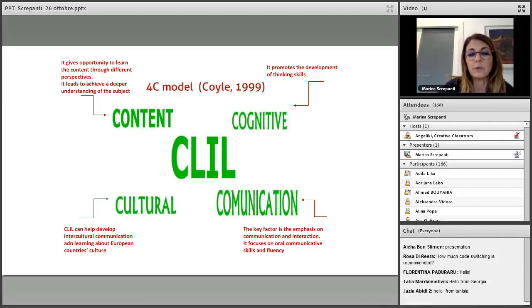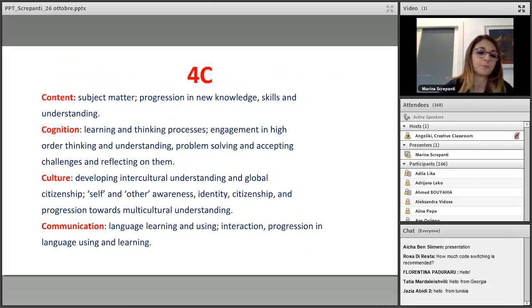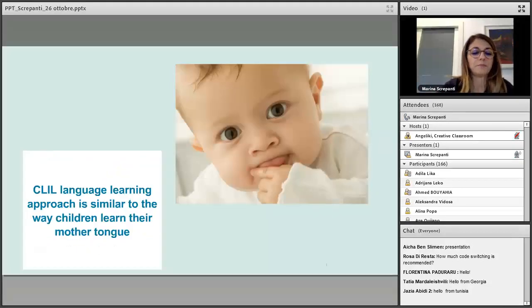Content, obviously, then the communication, which is everything that pertains to the language. The cognitive, all the thinking skills you ask your students to put into the lesson. And then the cultural, so the intercultural communication, the intercultural aspects. So this is what I said before, okay?